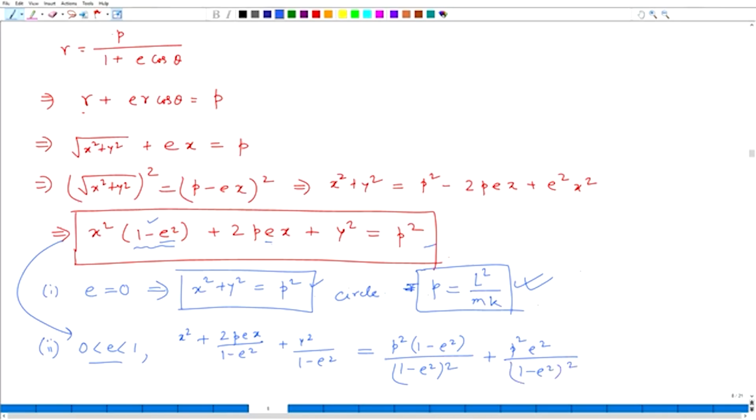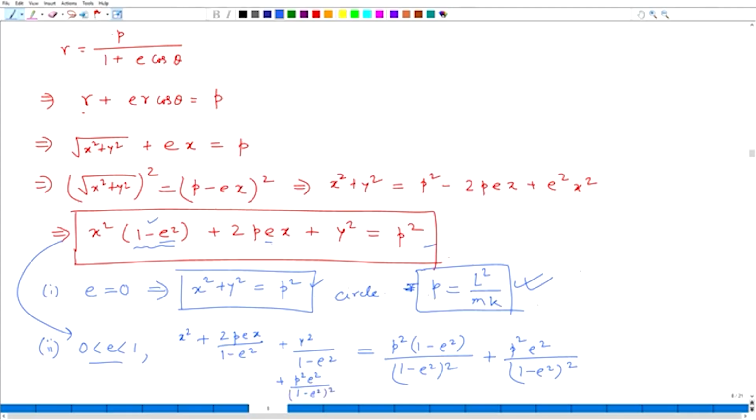If you just add them up, you will simply see, just a minute, let me check. Yes, I can write this, but then I have to add something over here, this quantity. I actually have to add this one as well, 1 minus e square whole square.